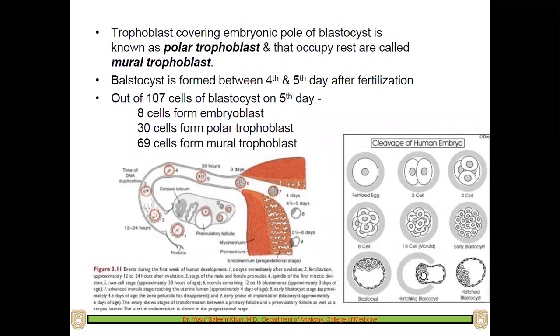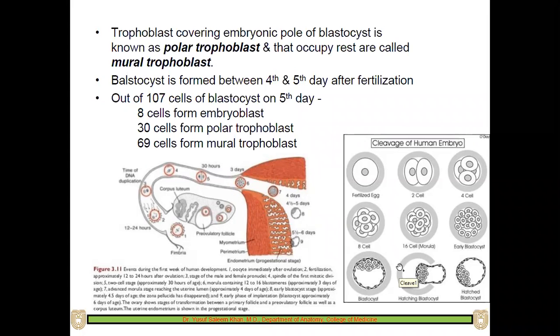This is the blastocyst, and now it will come out of the zona pellucida. So the zona pellucida has to disappear before it gets implanted. Now we can understand the importance of the zona pellucida.